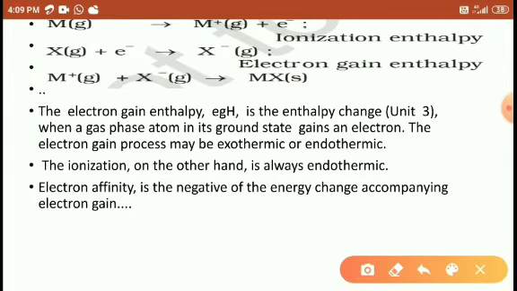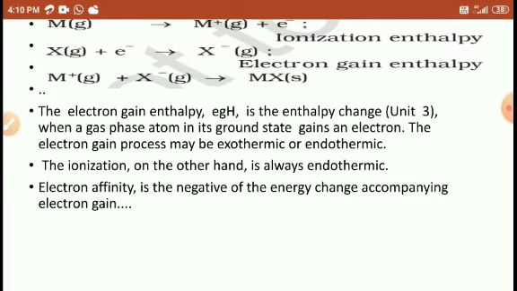Electron gain enthalpy is the change when a gas phase atom in its ground state gains n electrons. The electron gain process may be exothermic or endothermic. So whatever the gaseous phase species are, either M or X, the gas phase atoms either donate electrons or accept them with electron gain enthalpy.